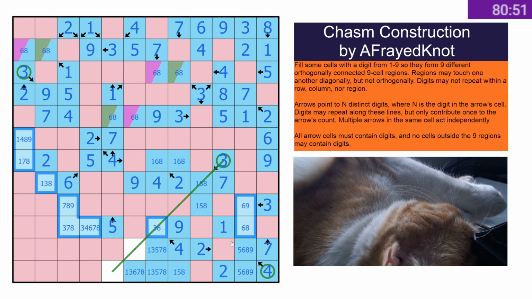Ooh. That's a bit. Surely I can find a shorter. Yeah, if that's 8 and 3, then that's 3. Eight, 3, 3. Eight, 3, 3, 7.